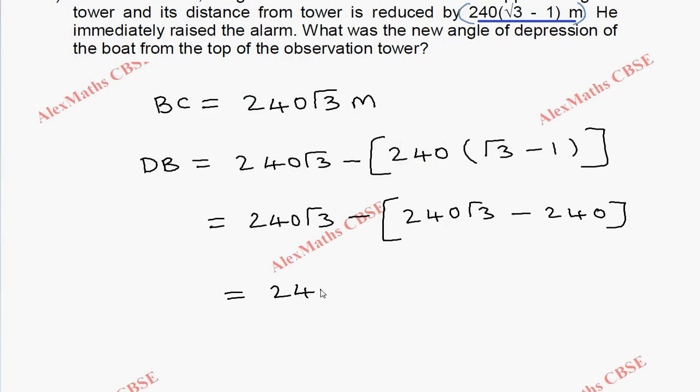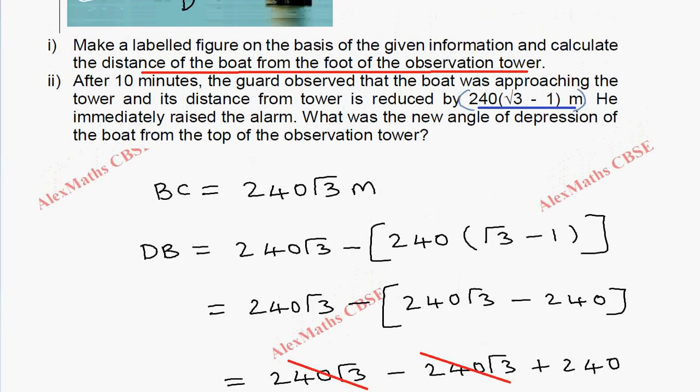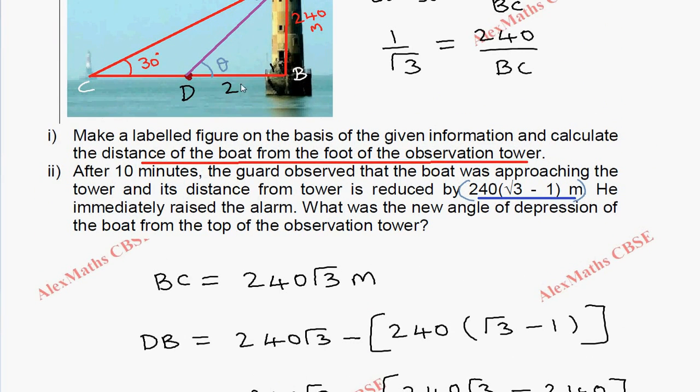So this is 240 root 3 minus 240 root 3, and this minus comes here, it becomes plus 240. So we can cancel 240 root 3 minus 240 root 3. Finally, this is only 240 meters. So the distance reduced from 240 root 3, now it becomes 240.